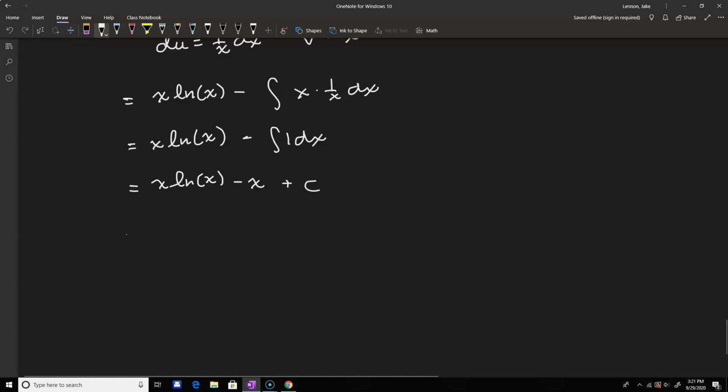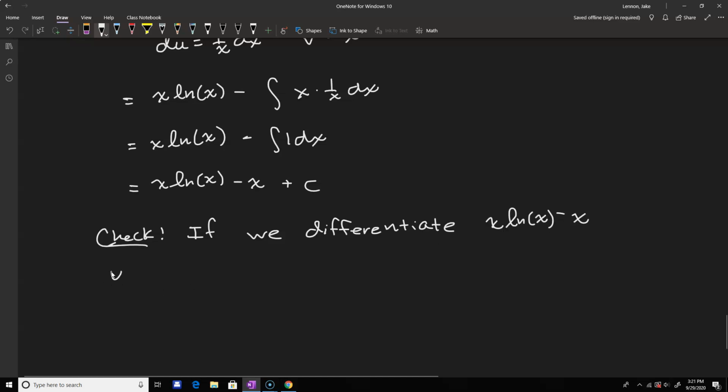One thing we can do there to check is differentiate x natural log of x minus x using the product rule.